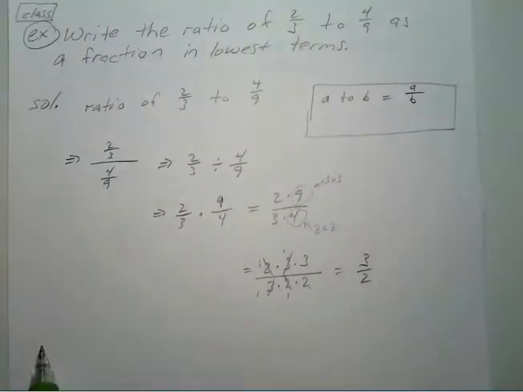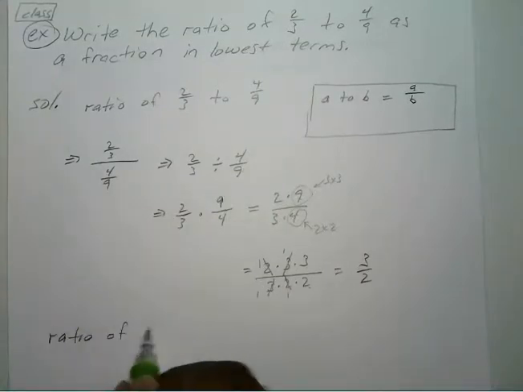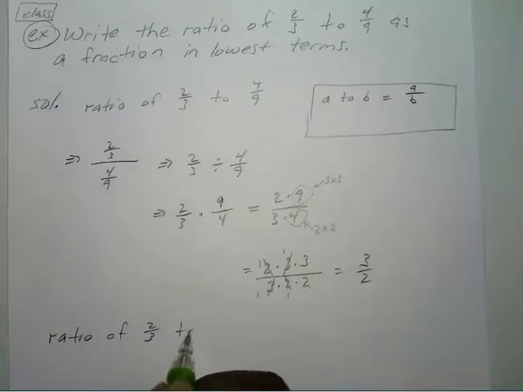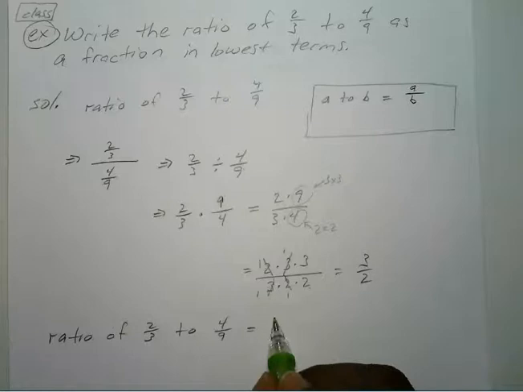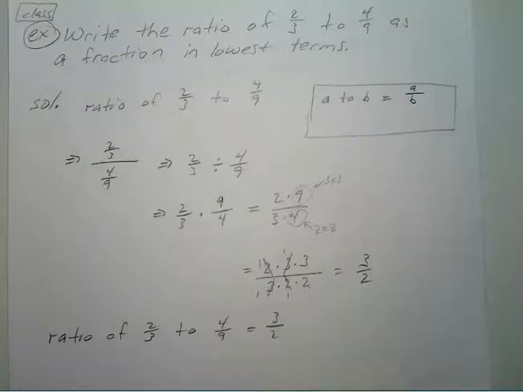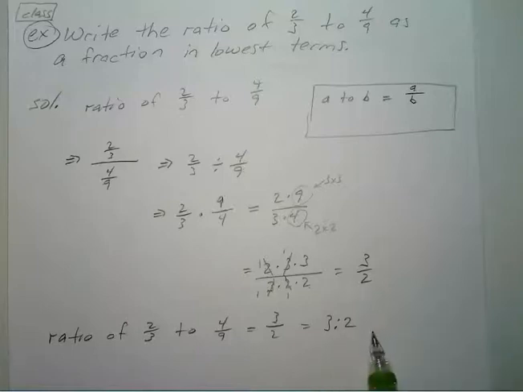Okay, so we know that the ratio of 2/3 to 4/9 is equal to the ratio of 3 to 2, or 3/2.